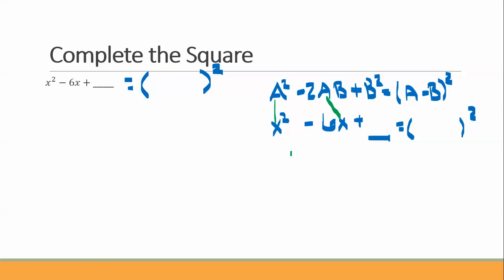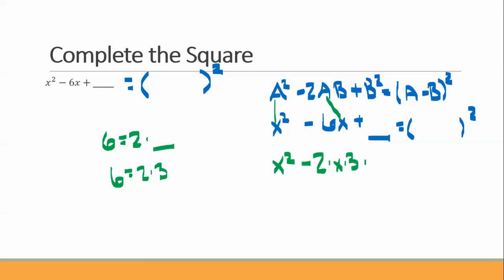So this 6, off to the side, we'll put it over here. 6 is going to end up having to be 2 times something to get our b. Well, 6 is equal to 2 times 3. So looking at that, we have x squared minus 2 times x times 3 plus something.